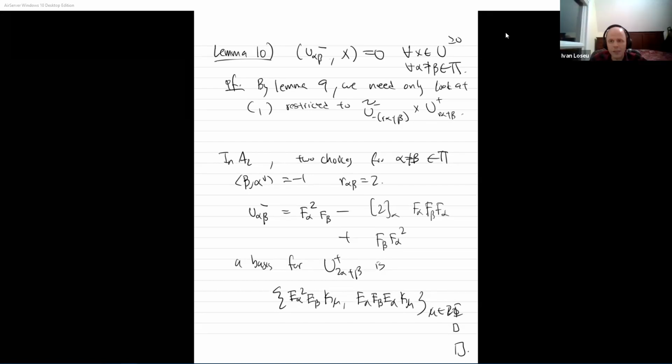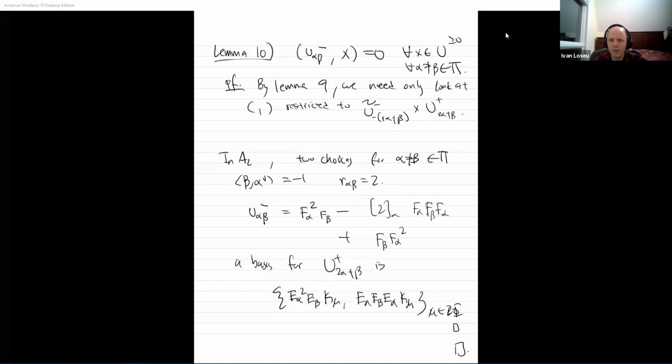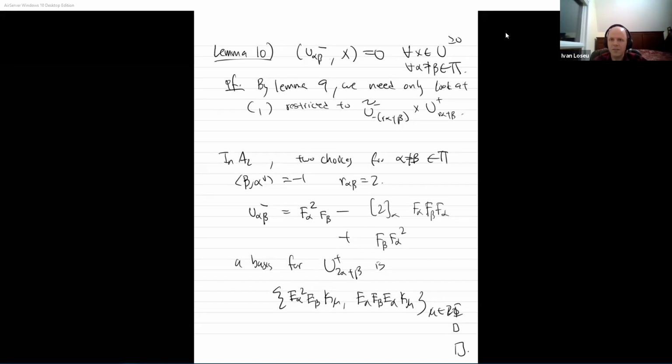What you do get is something like a pairing between U of n minus and functions on n minus. This is the usual pairing where you apply an element of the universal enveloping algebra to a function on a group and evaluate at 1.